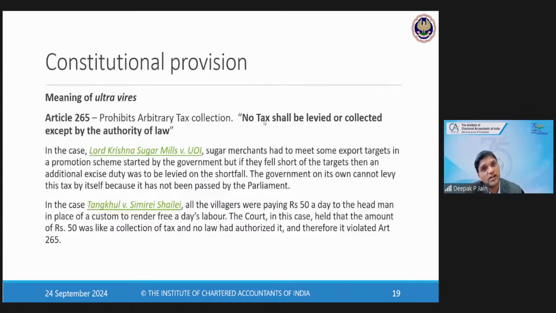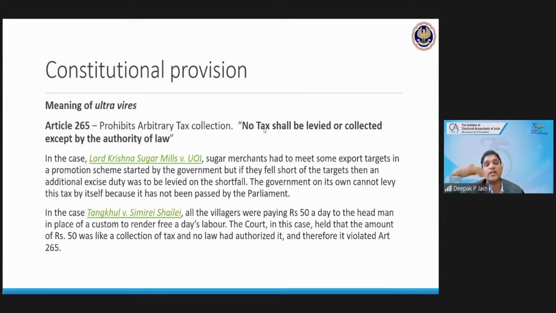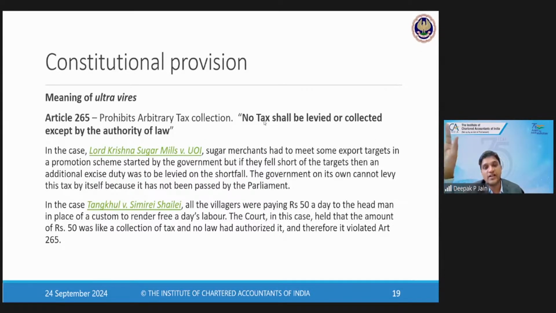Normal excise duty on manufacturers is fine, but if you don't meet your export targets, there was no such law enacted. So this body doing this voluntarily was an illegal activity. The government or any party cannot collect excise duty because there was no authority with them.